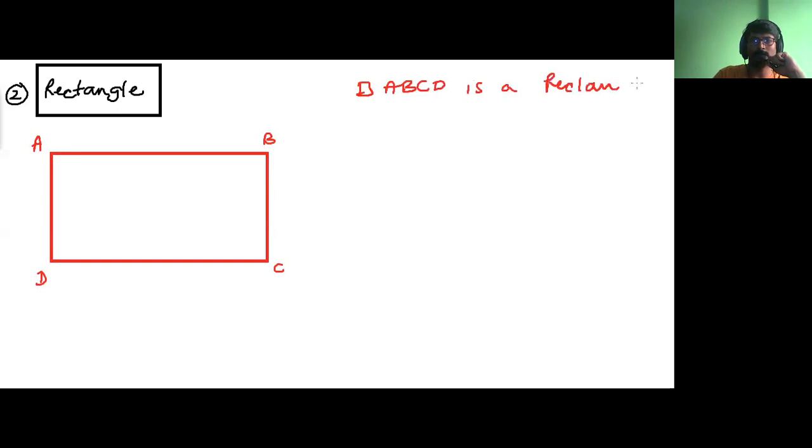So what have we learned about the rectangle? The opposite sides are equal. And then they are parallel also. Like this side AB is parallel to side CD, and side BC is parallel to side AD. So first one: opposite sides are equal and parallel.